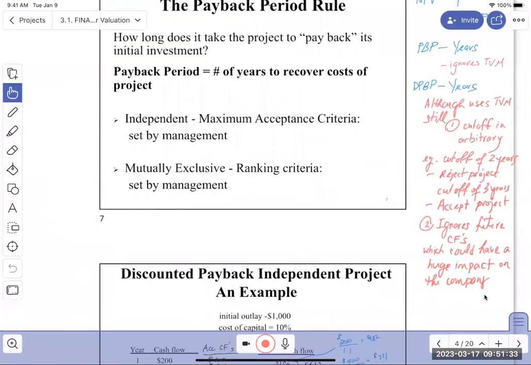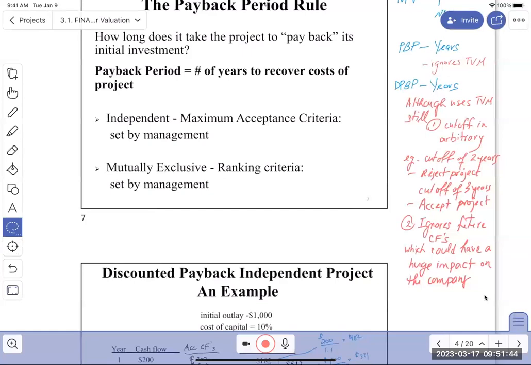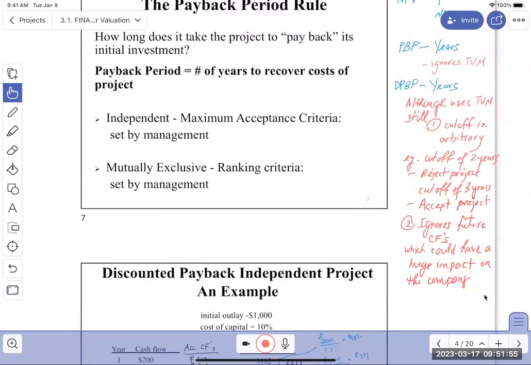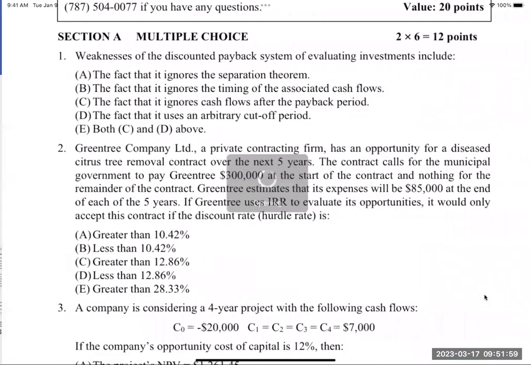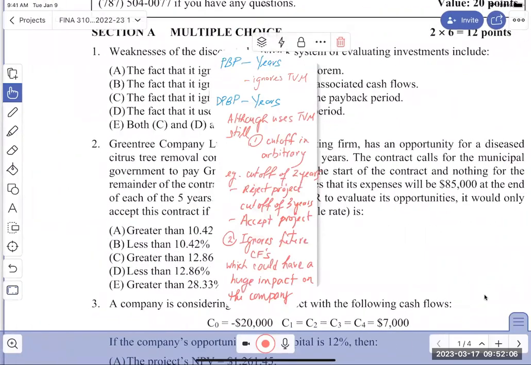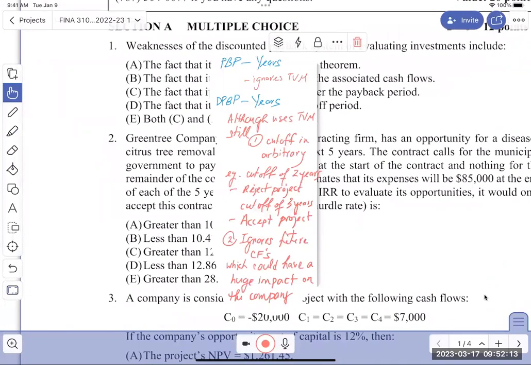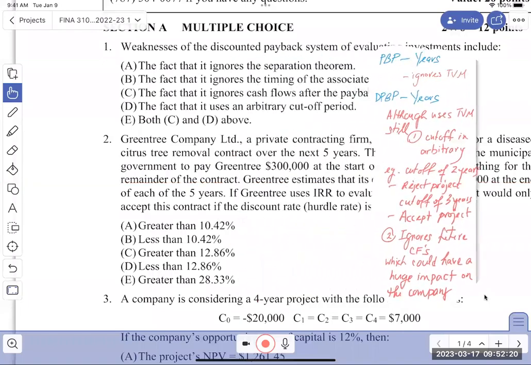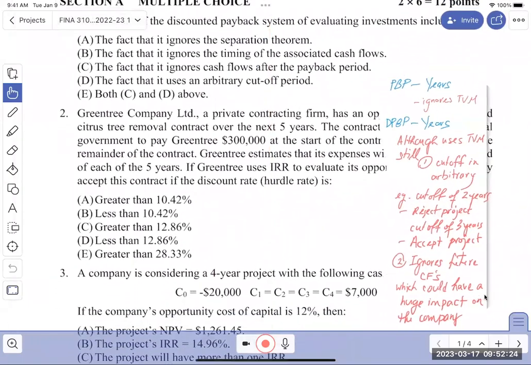How about I take these notes with me? Oops, that didn't work. Do it again.